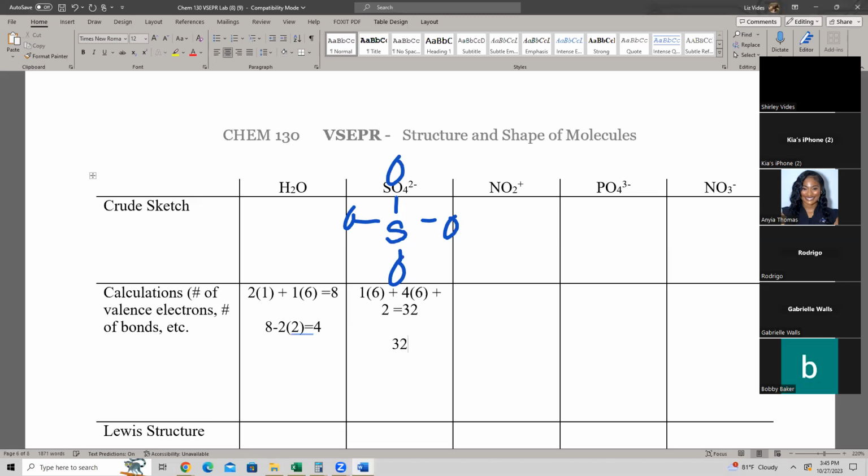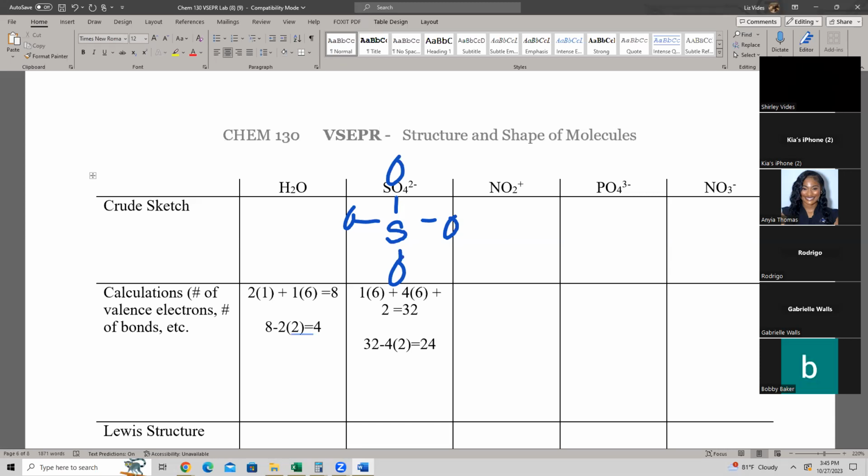From these, we need to subtract 4 bonds. Each of them is 2 electrons, so 8, right? So 32 minus 8 is, hold on, it is definitely not 18, it's 24. Yeah. All right. 32 minus 8. Yeah, it is.